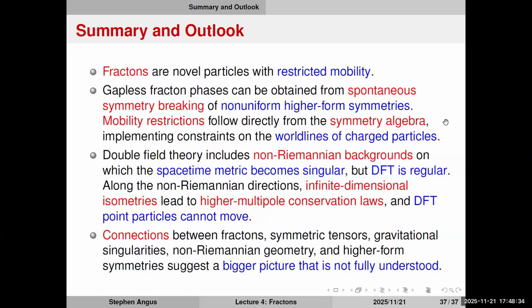On the other hand, if we go to double field theory and non-Riemannian backgrounds, where the space-time metric is singular but double field theory is regular along non-Riemannian directions, we get infinite dimensional isometries leading to higher multipole conservation laws, and point particles cannot move in those directions. So there are all sorts of connections between fractons, symmetric tensors, gravitational singularities, non-Riemannian geometry, and higher form symmetries. This suggests a bigger picture that's not yet fully understood.